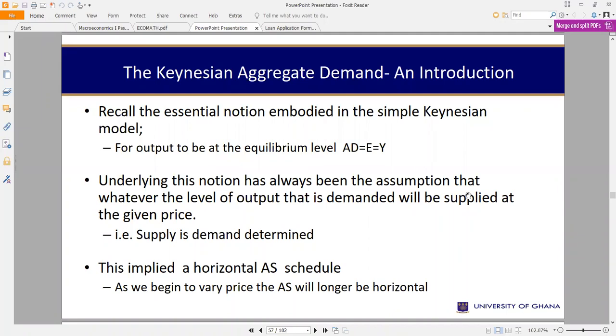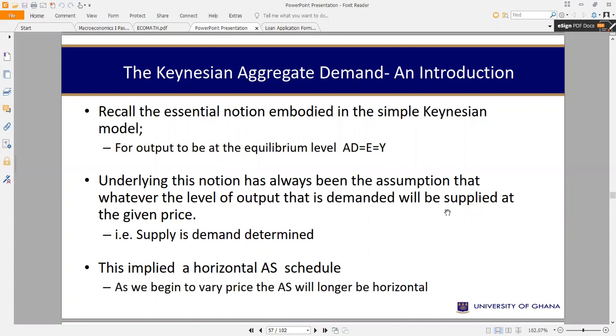So it was like supply was demand determined. It will always wait to see what the various economic agents are willing to demand. Then holding price constant, the producers too will offer that particular quantity for sale. So here we're holding price constant.